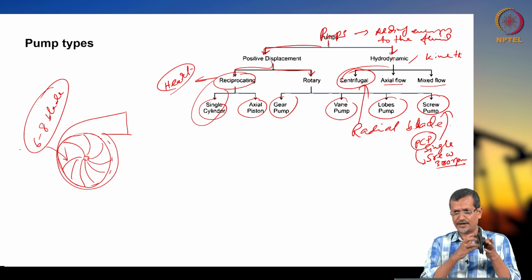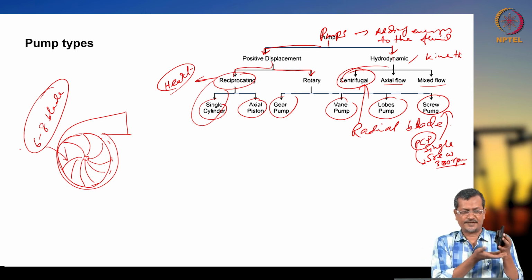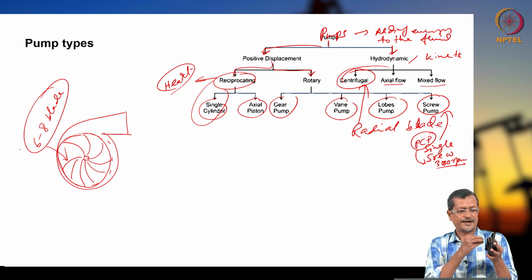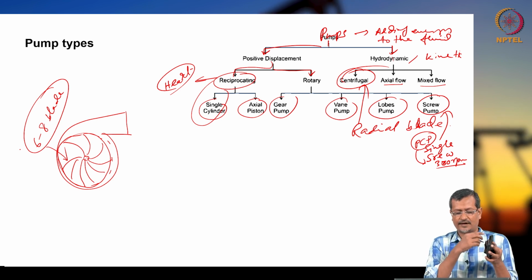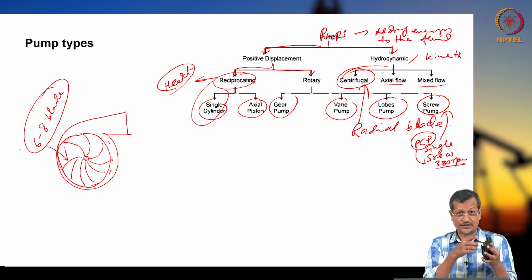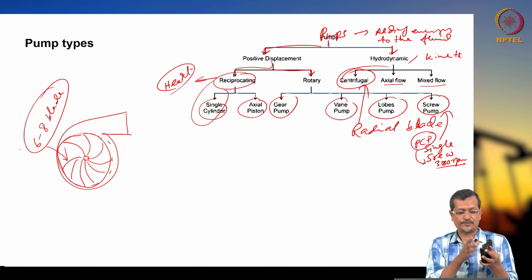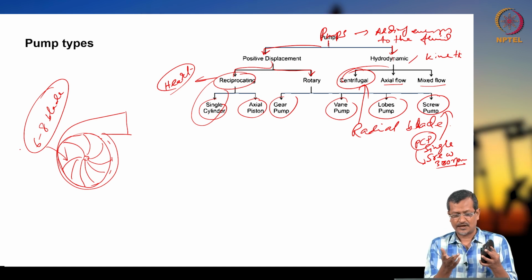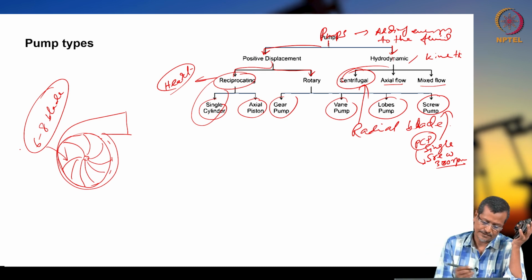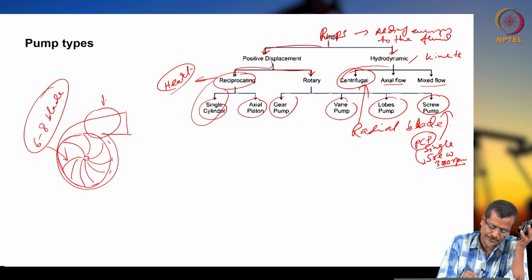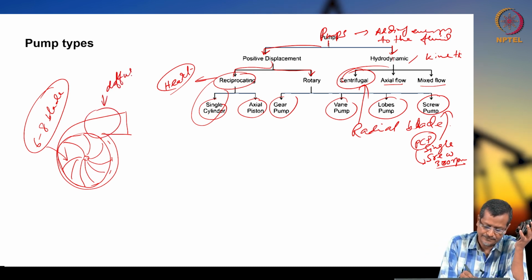If the impeller is rotating continuously inside one casing, it will be delivering, or it will create a very high volume flow rate, very high pressure or high velocity. That high velocity will be reduced using one diffuser, okay. So this area actually will act as a diffuser.